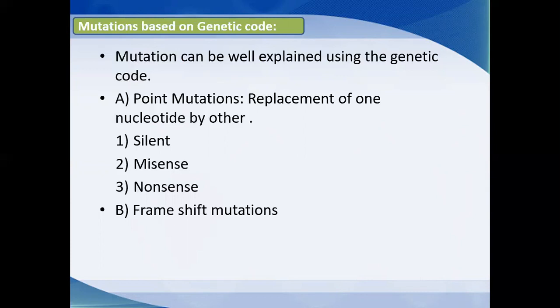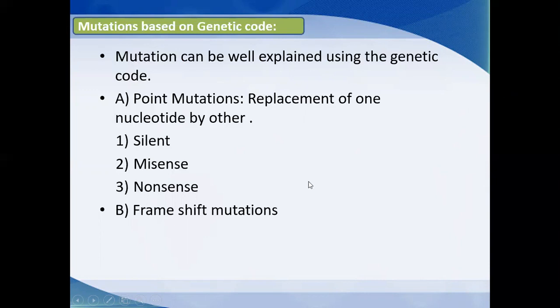Point mutations are also one kind of gene mutation which occurs at a single point in the DNA molecule, and can be inherited by the next generation. These point mutations are classified, on the basis of the genetic code, into three types: silent mutations, missense mutations, and nonsense mutations.